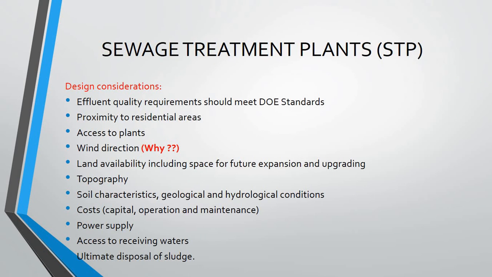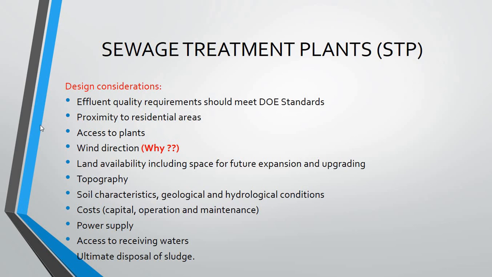These are some considerations we need to take into account when we design or construct such treatment plants, whether they are communal or centralized systems. Briefly, we have to consider the effluent quality requirements, and we have to know how many residential areas or users are going to be connected to this network. There has to be proper access to the plants, road network, gates, and so on.